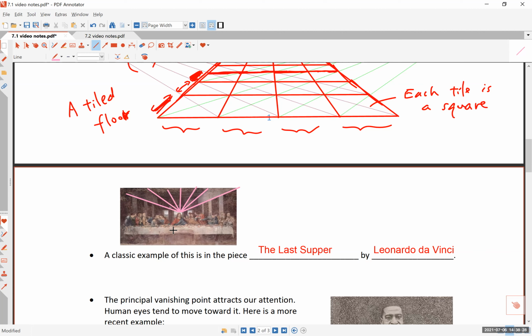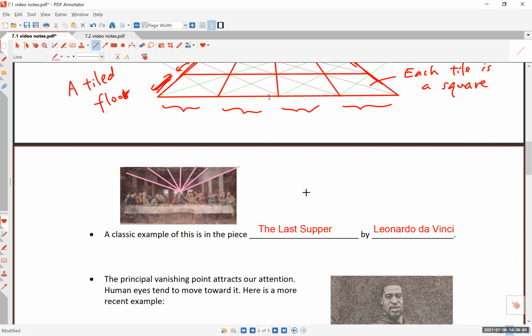If you are a student of photography or art, you know that this principle of vanishing point is naturally the point where our eyes are drawn to. So you put your focus on that principal vanishing point. That is an example of a classic art piece that utilizes the principles of perspective.